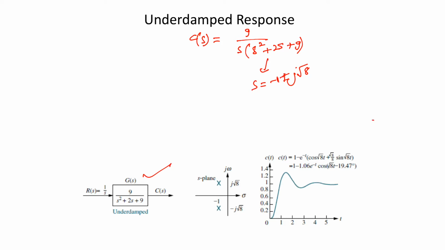So in this case we have one real part of the pole and one imaginary part of the pole, located here.